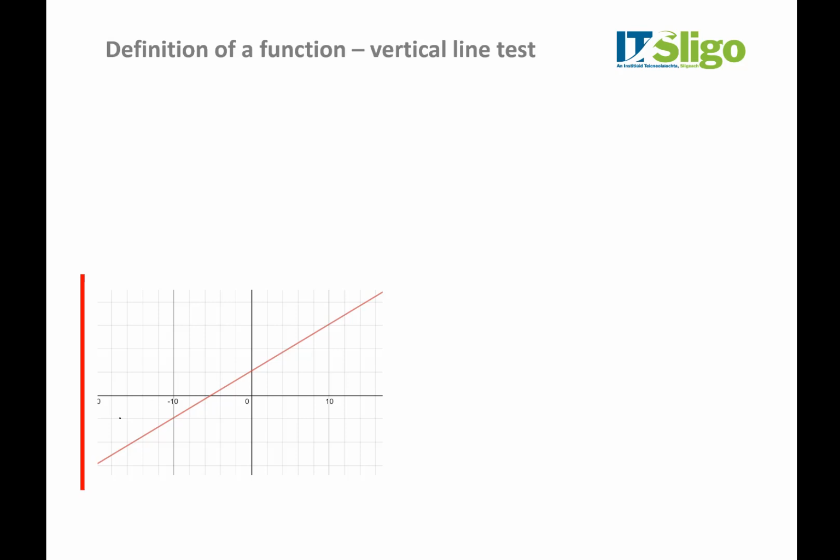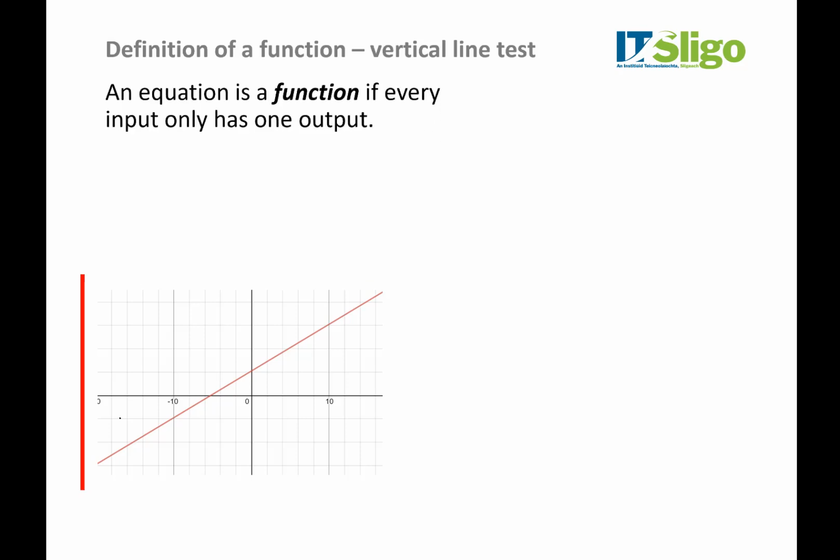So now we're just going to define a function in a more formal sense. It's what differentiates a function from an equation. An equation is a function if every input only has one output.